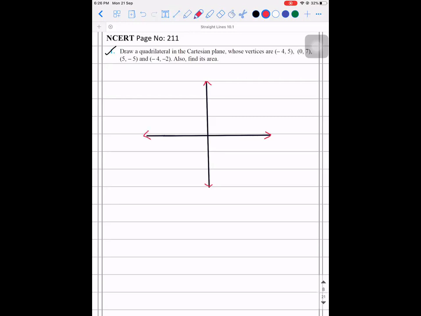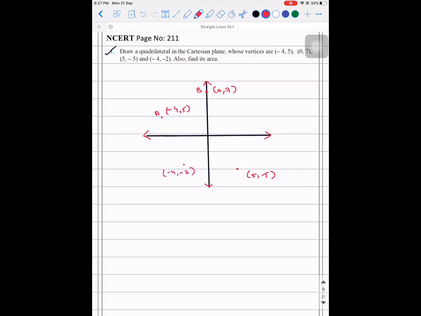Minus 4, 5 belongs to the second quadrant. Where will 0, 7 logically be? Then 5, minus 5, where is it? 5, minus 5 belongs to the fourth quadrant. And minus 4, minus 2 is somewhere over here.